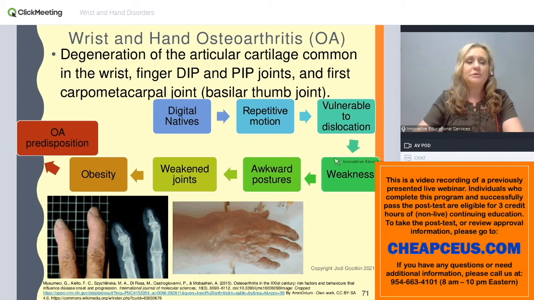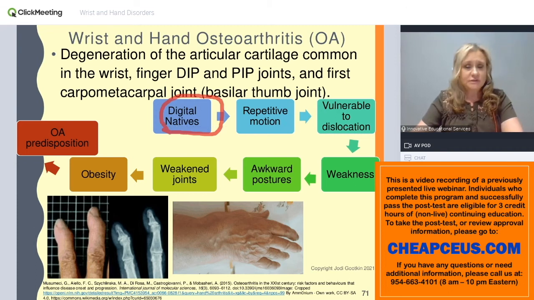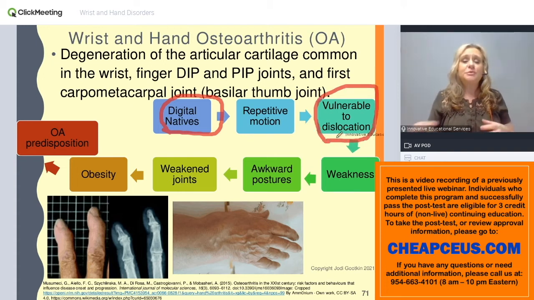Here's what they proposed, that kids nowadays, they have a digital device in their hand at such a young age. I am constantly amazed at how many 5-year-olds can still teach me many things about how to use my smartphone. So they're digital natives, and they're performing all these repetitive movements with their hands from such a young age. They're young developing joints. That articular cartilage, we know, doesn't have a great vascular supply.